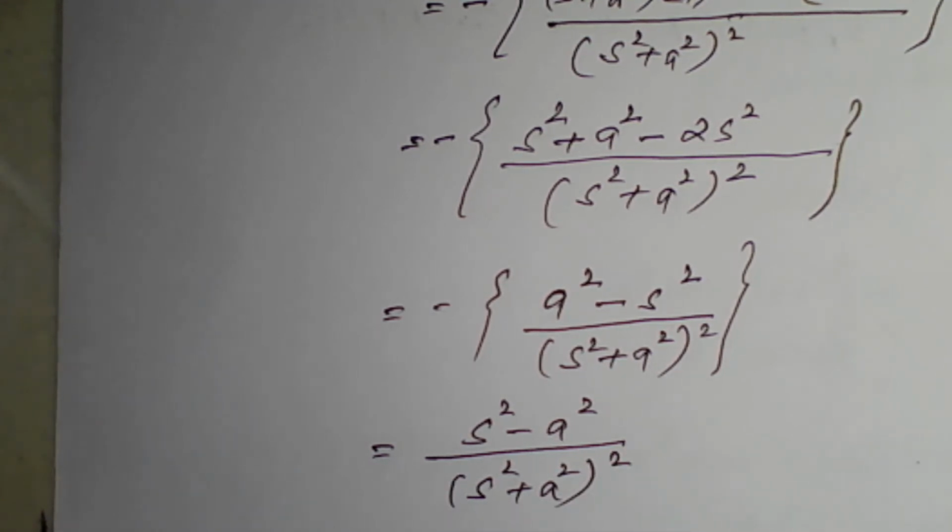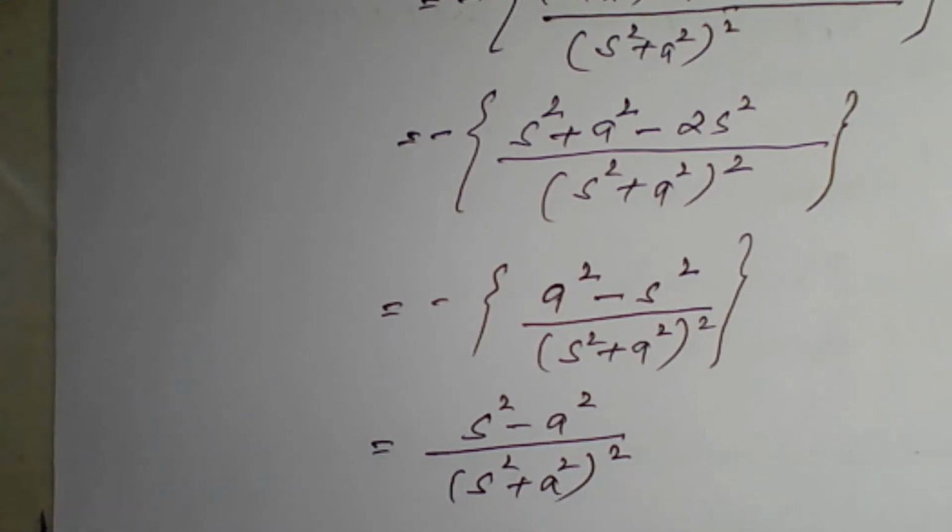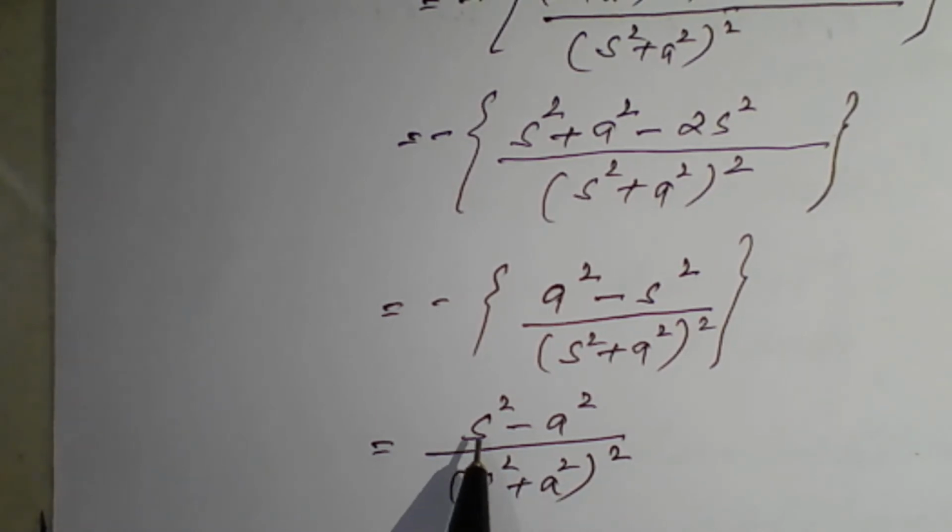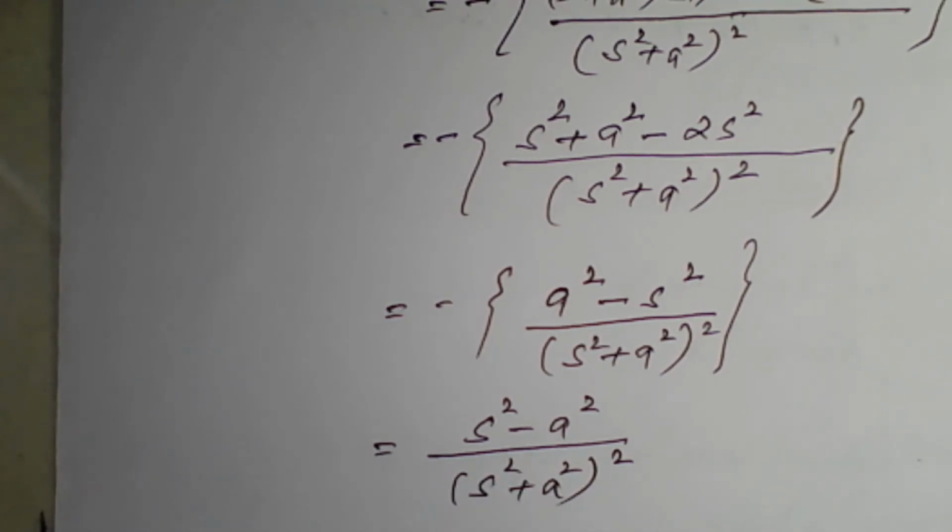But you can stop it here. This result can also be elaborated, because we know that s square minus a square will be s plus a, s minus a, but we don't have any term to cancel, so we'll stop it here.